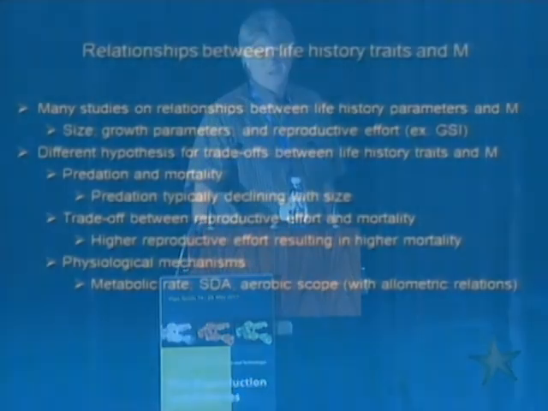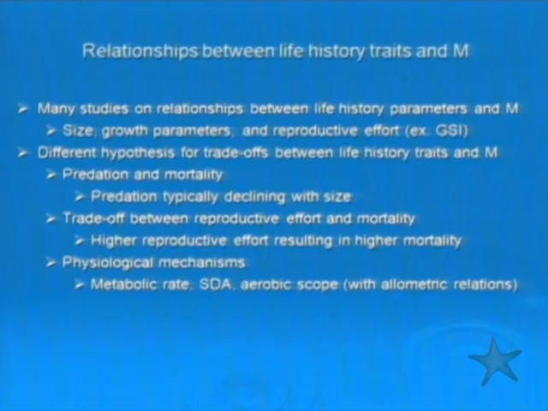Many studies have been done on the relationship between life history parameters and mortality. The size of the fish, the von Bertalanffy growth parameters, and reproductive effort have all been related in some way to mortality. And those relationships are explained by different hypotheses of trade-offs between life history and M. For example, predation and mortality have been related, predation typically declining with size.